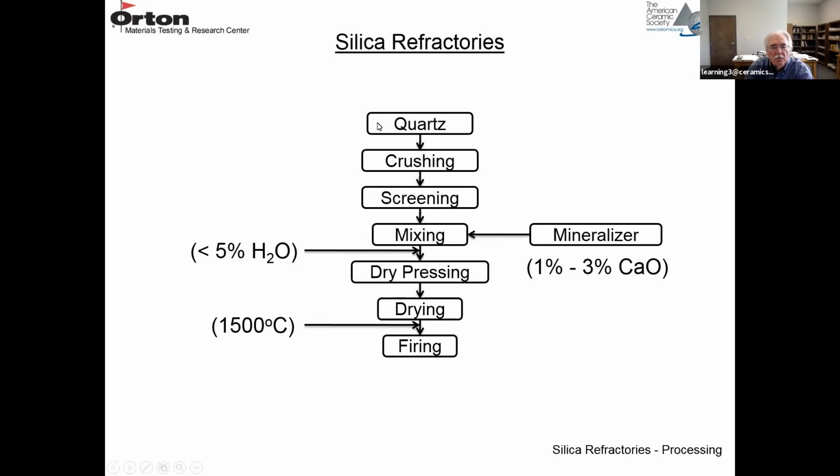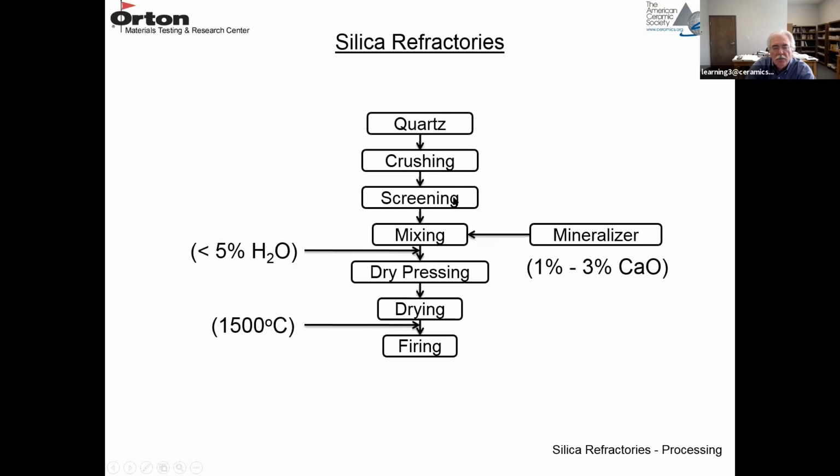When you process this material, you start out with quartz, and all of these pressing operations are pretty similar for most refractories. You have to crush it to a finer size. You screen out different sizes.